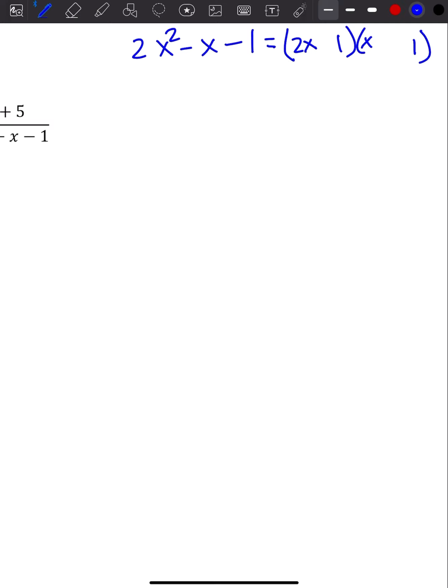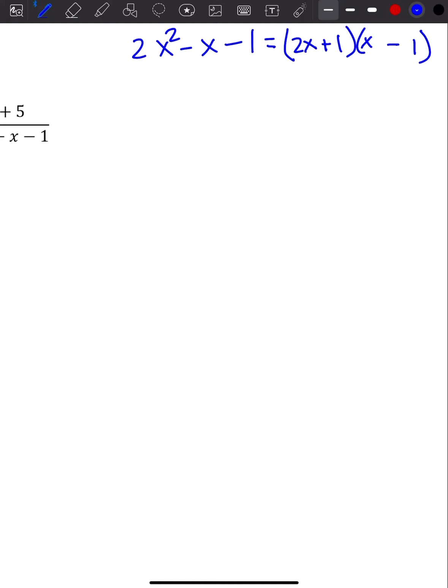We are adding to get -1, so if I test it out, if I put the negative here, 2x times 1 would give me a positive 2x, minus an x, which gives me a positive 1x, which is not what we need. We need a negative 1x. So that means this first one's going to be positive, the second one's going to be negative. 2x minus 1, so we have a negative 2x, plus an x, we get negative x.